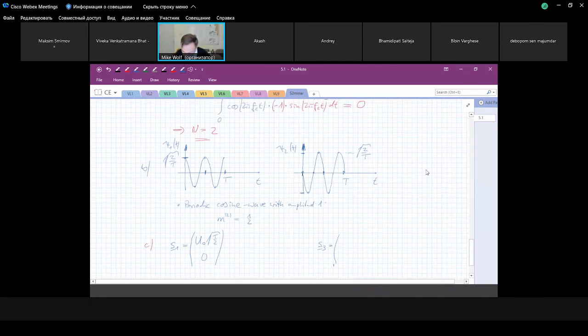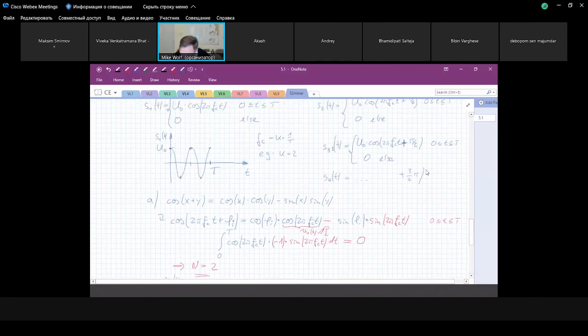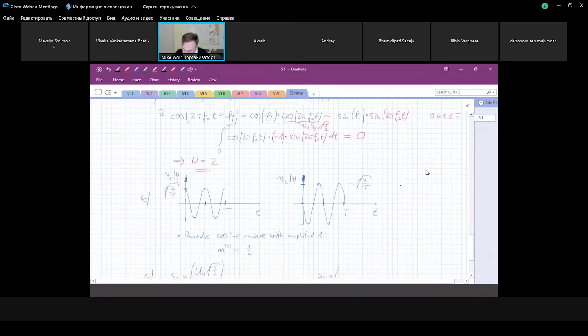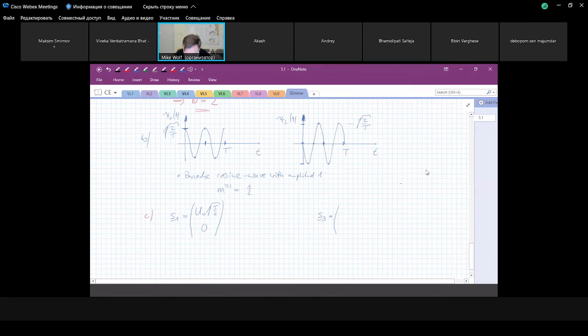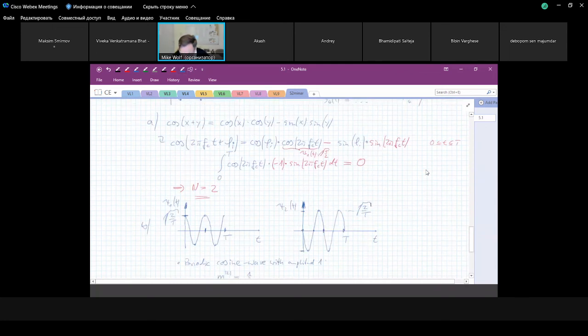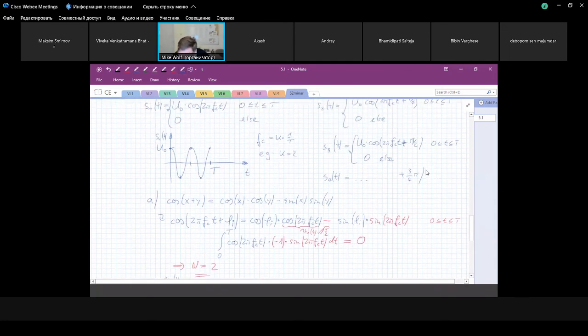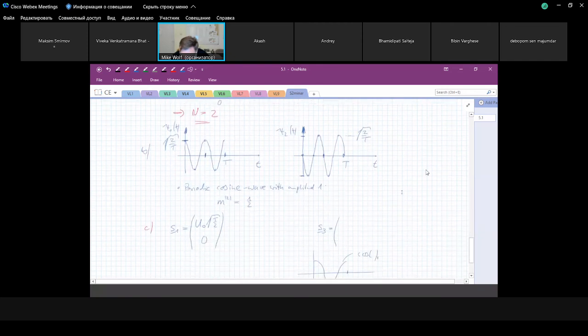S3 is a minus sine. Now look, S3 is cosine of 2 pi fct plus pi by 3. And if you take a look at this, what happens if this is a cosine? It is a cosine wave. And if I shift this cosine wave by pi by 2, then I need to shift this.